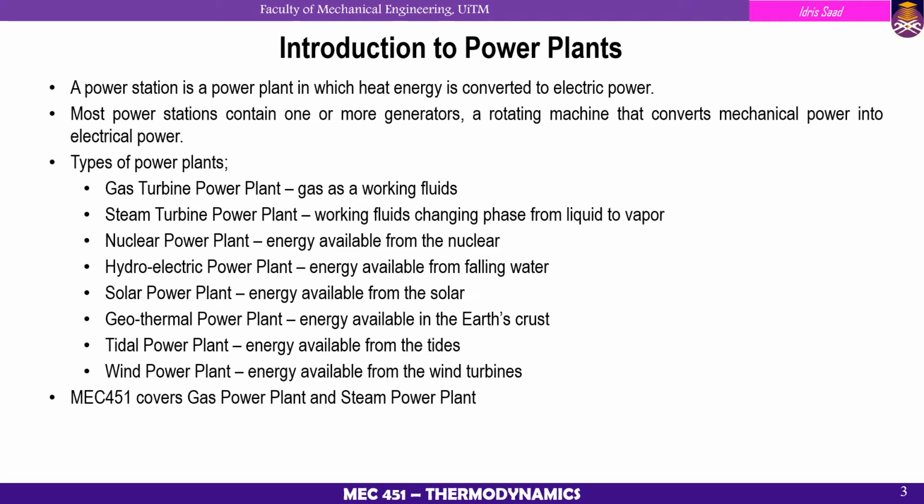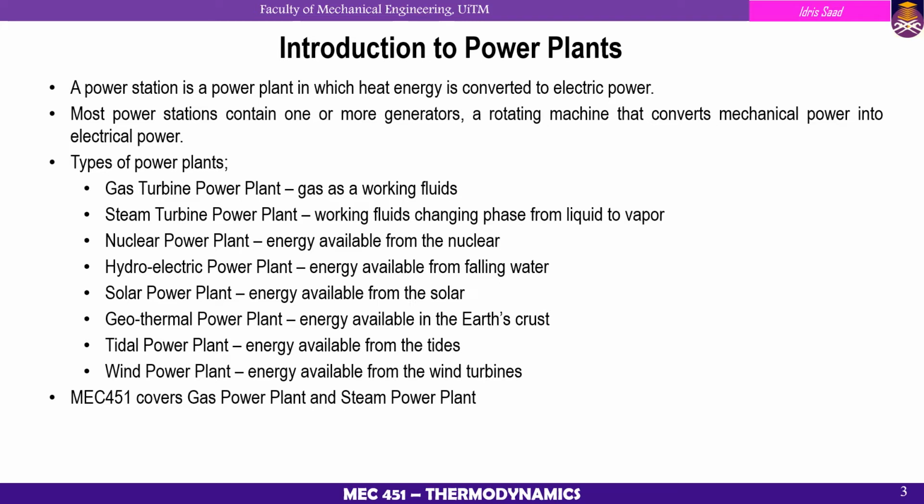Basically, a power station is just a power plant in which heat energy is converted into electric power. What this means is the heat energy is converted by using the heat engine to produce kinetic energy in the form of the rotating crankshaft, which is similar to the petrol engine or the diesel engine. This kinetic energy is then coupled with the generator and will produce electricity.